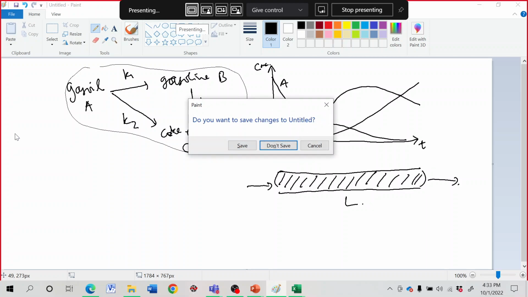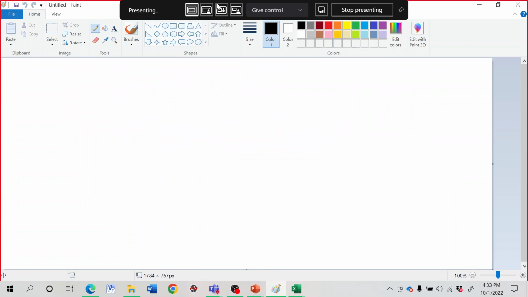So we have gas oil, K1 to gasoline, and then the coke and gas, like A, B, C goes here. This is then K2, K3.